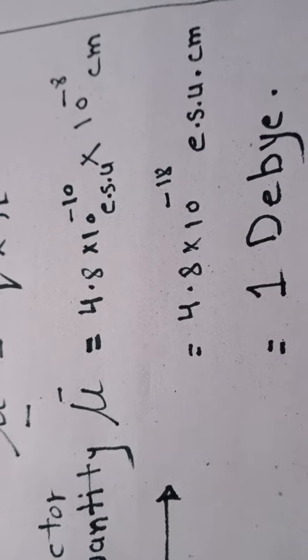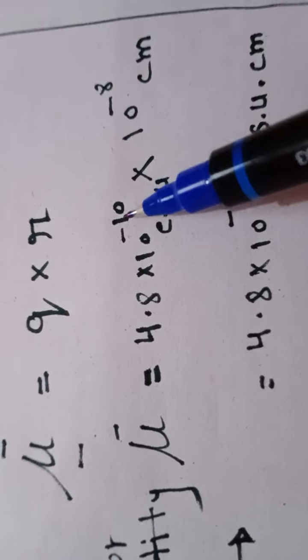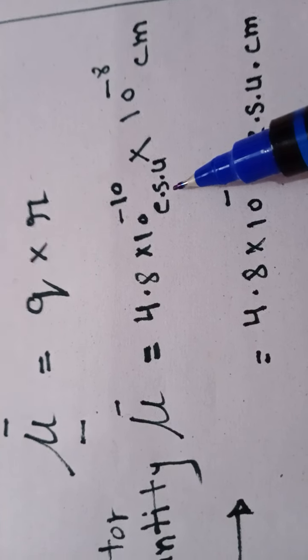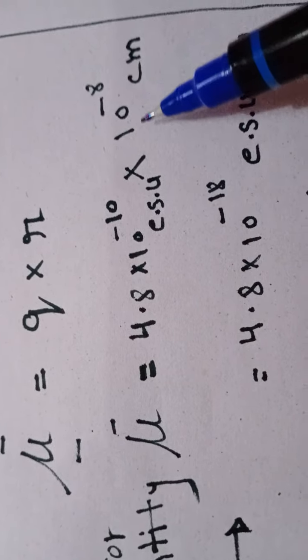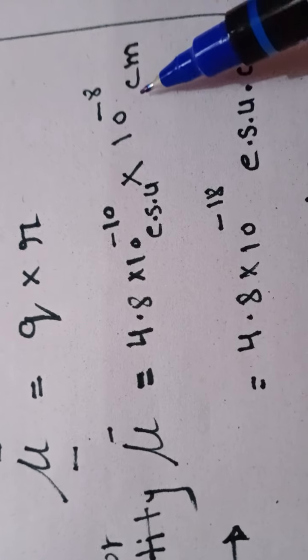Now we have to put the value of charge as well as the value of bond length. You can see 4.8 into 10 raised to power minus 10 ESU is the value of charge, multiplied by 1 into 10 raised to power minus 8.